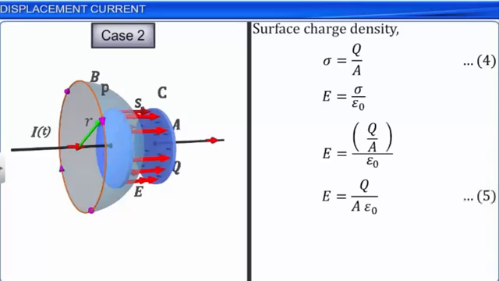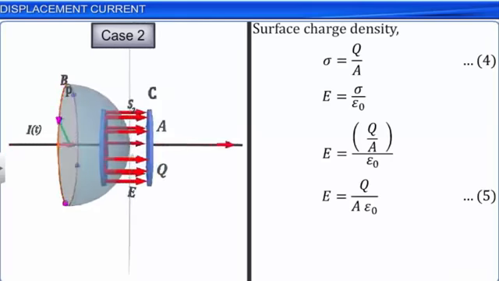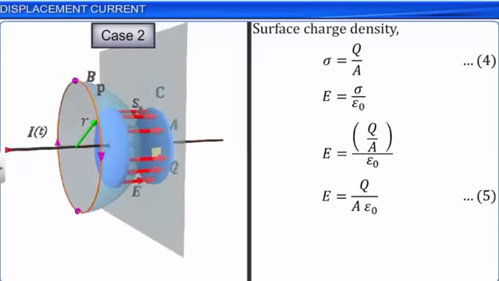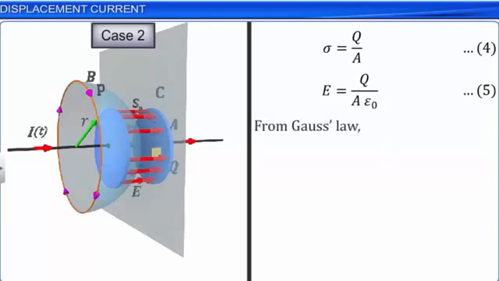Here, the electric field is perpendicular to the plane of the bottom surface of S2. Hence, the area vector of the bottom surface of S2 and the electric field are in the same direction, and maximum electric flux passes through the surface. We know from Gauss's law that the electric flux through the surface, phi E, is equal to EA.